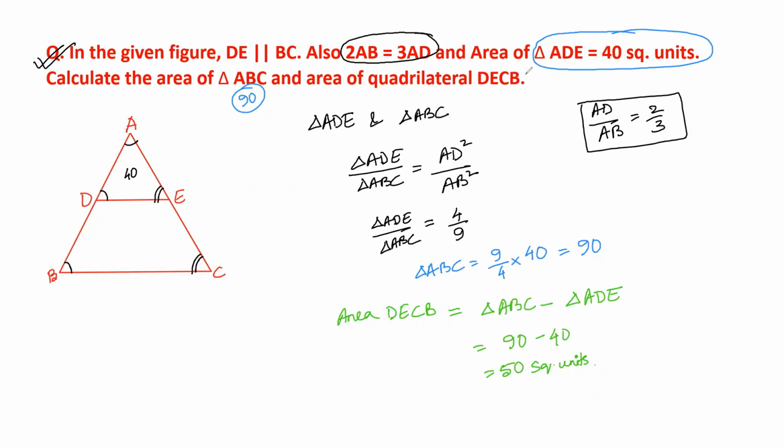So the area of quadrilateral DECB is 50 square units. So in this way, by using the concept of similar triangles, we can find such areas.